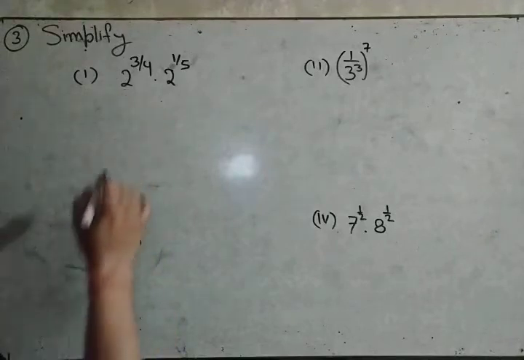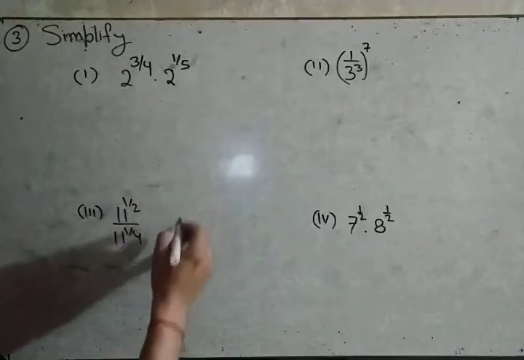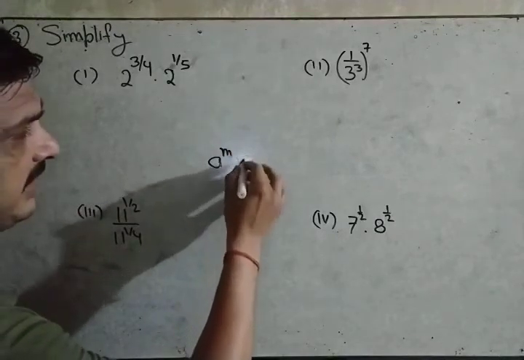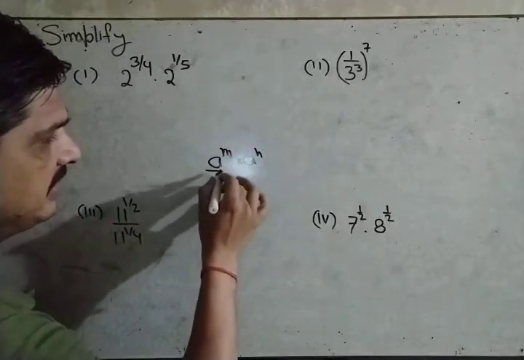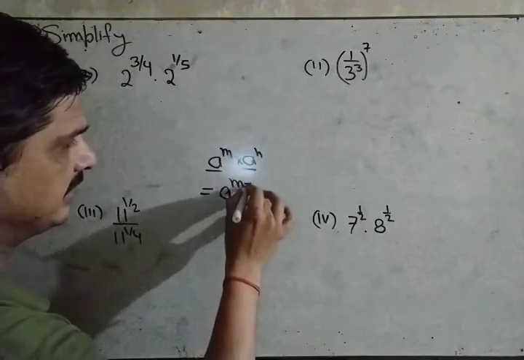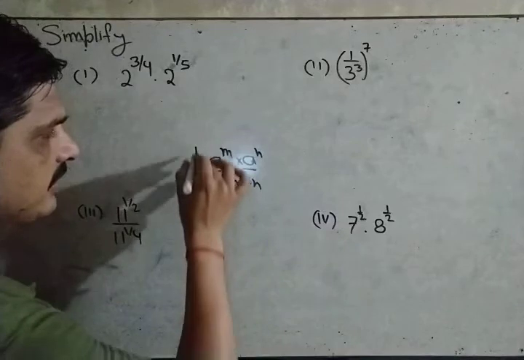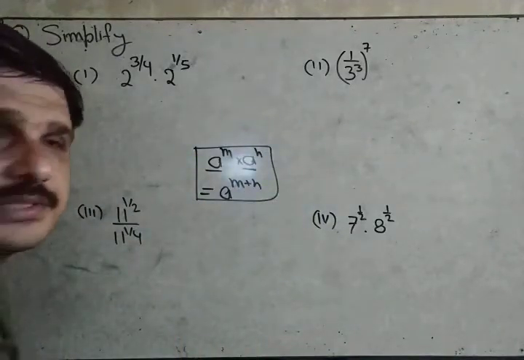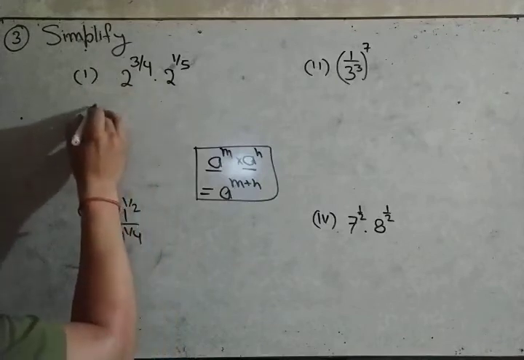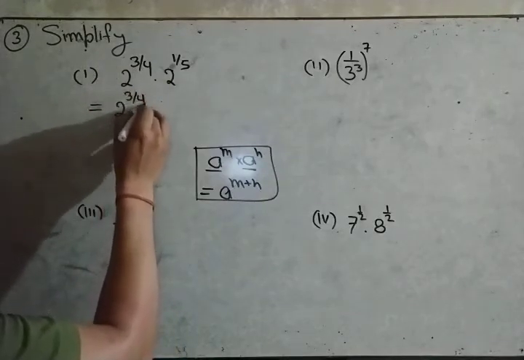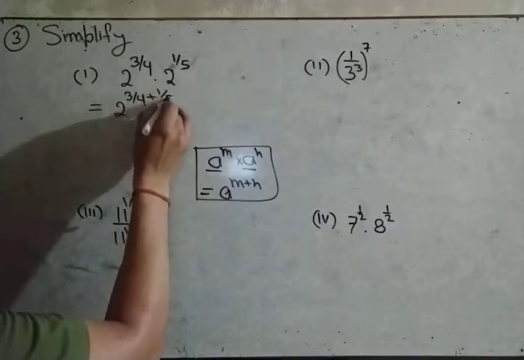We know when the base is same, meaning when a^m is multiplied by a^n, it means when the base is same, you need to add the powers. Then here base is same, so you will add the power.